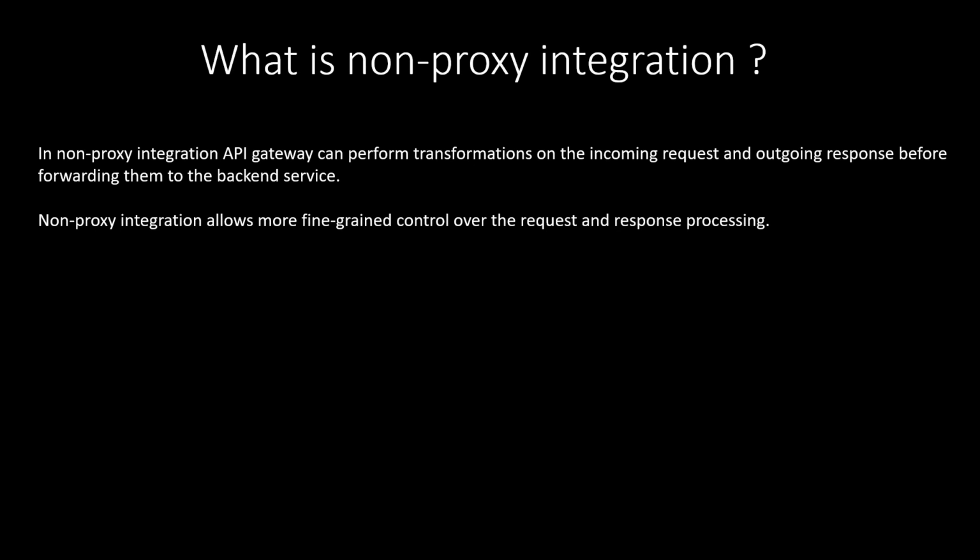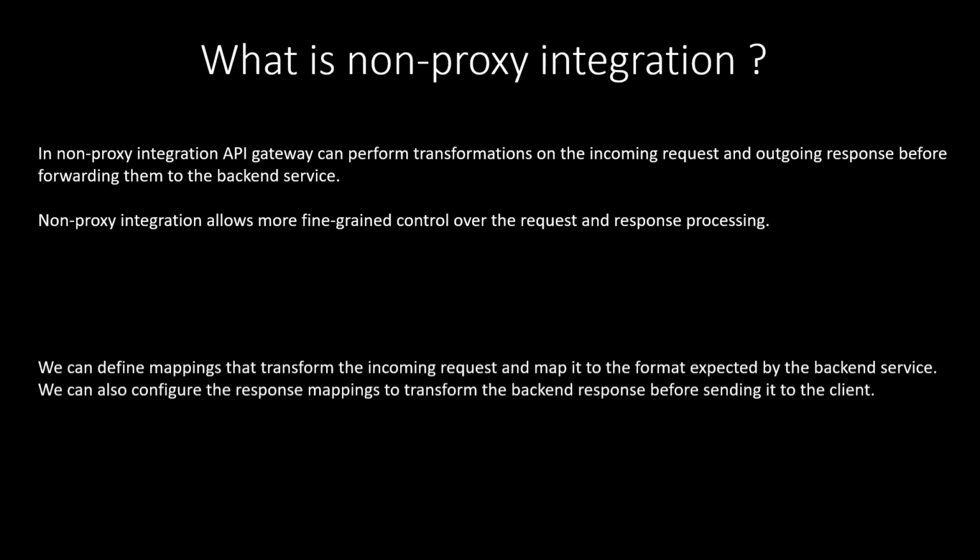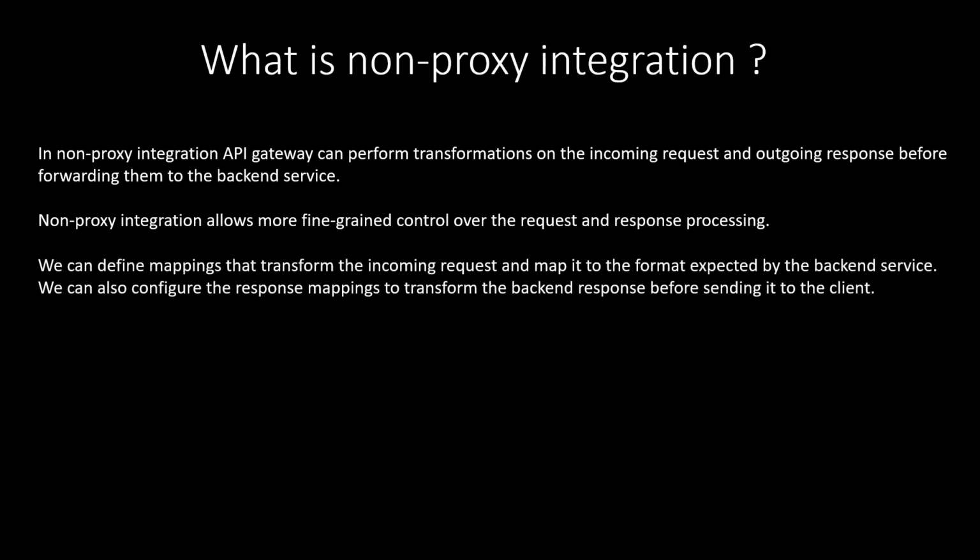In the non-proxy integration, we can transform the incoming request, body or headers, and also customize those at the API gateway level. So it allows us more fine-grained control over the request and response. We can define mappings that transform the incoming request and map it to the format expected by the backend service.